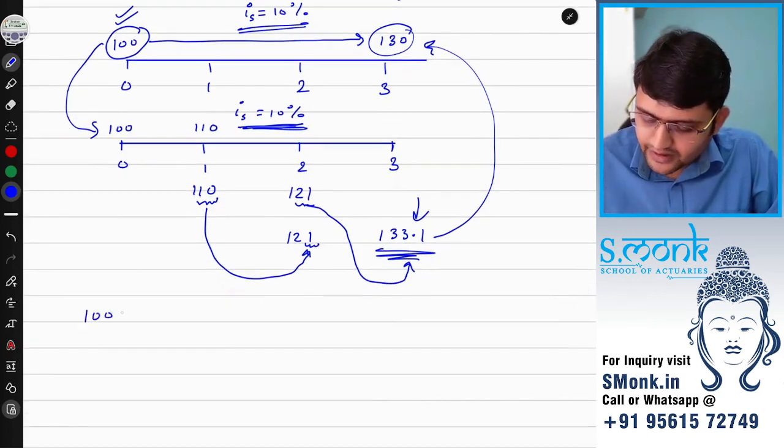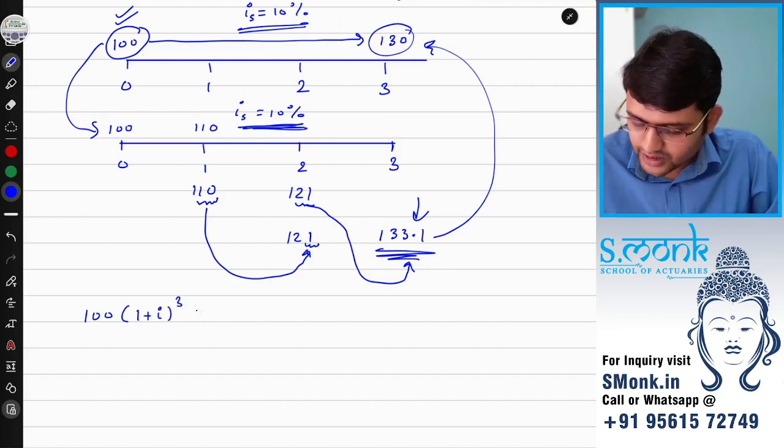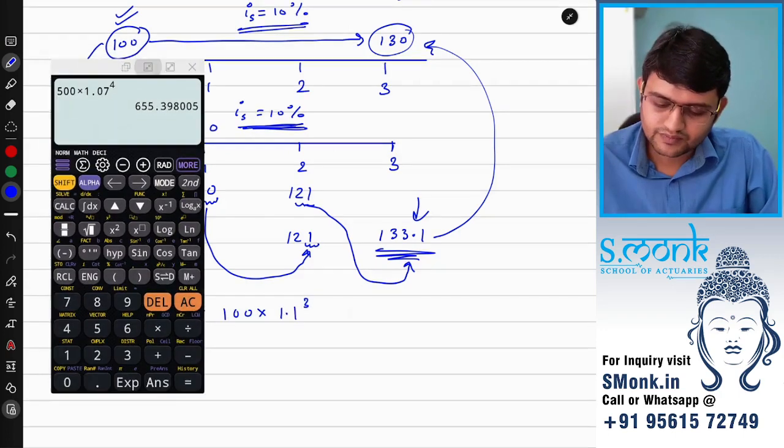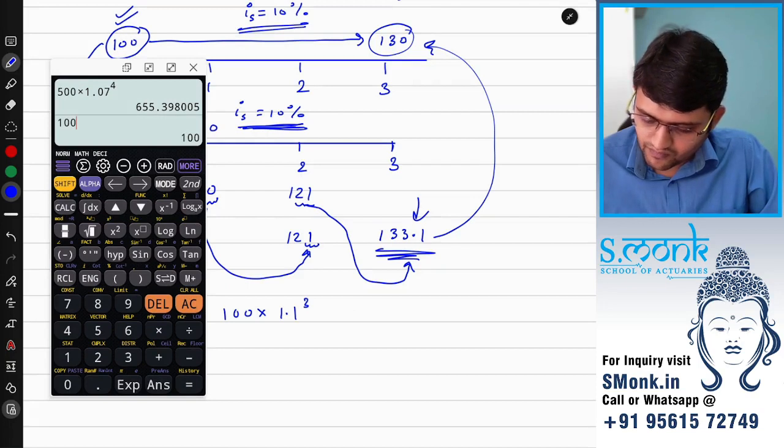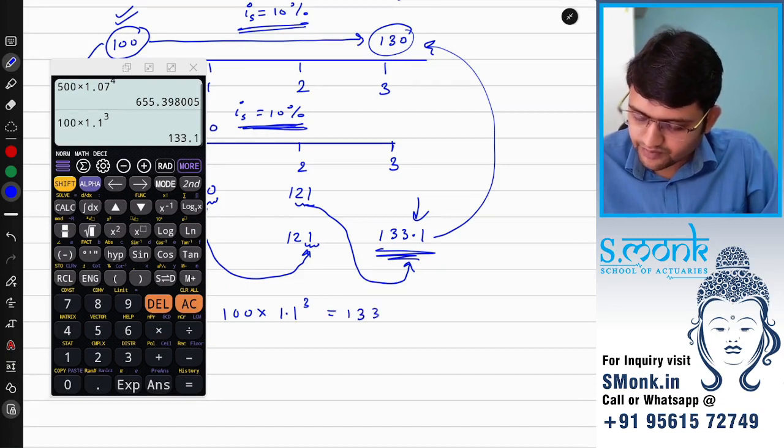So if I had 100, 1 plus i raised to 3, that would be 100 times 1.1 raised to 3. You can see 133.1.